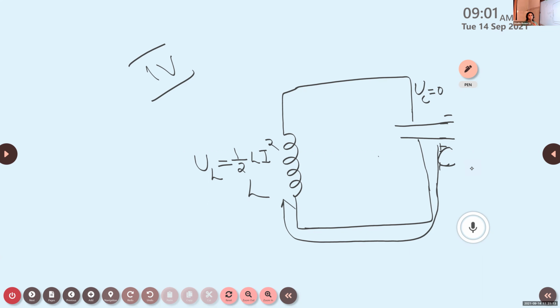Before that, the back and forth oscillation, because in the first case, the charge is oscillated in the upward direction. In the last case, we are discussing the charges are oscillated in the opposite direction. So the back and forth oscillation of energy and charges between the inductor and the capacitor is known as LC oscillations.